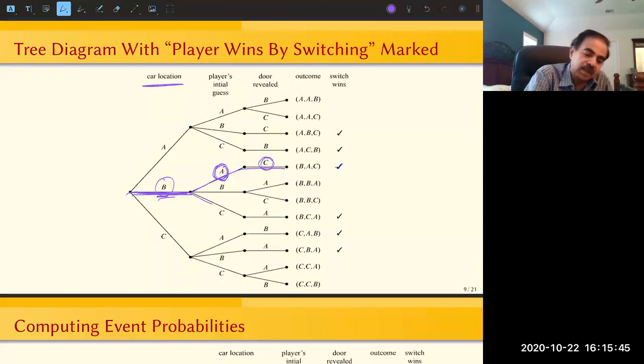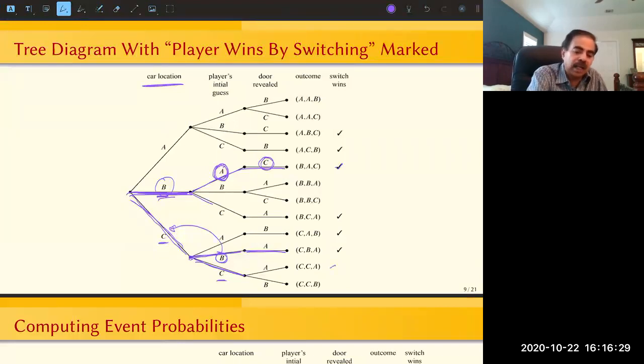The car is behind door C, and the contestant picked, let's say, door B. Then if the host shows A, and the contestant switches, they are going to have to switch from B to C, in which case they will win because the car is behind door C. On the other hand, if you look at this path, the car is behind door C and the contestant has already picked the right location, C. So obviously, if the contestant switches at this point, they are not going to win.